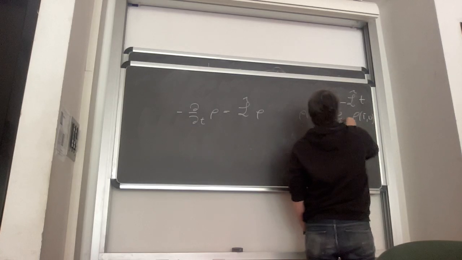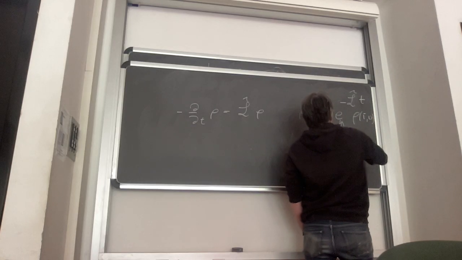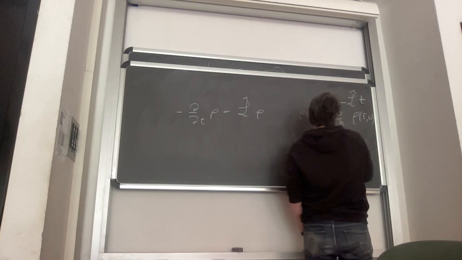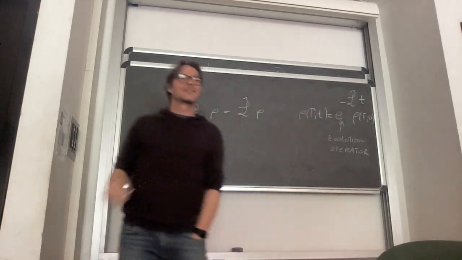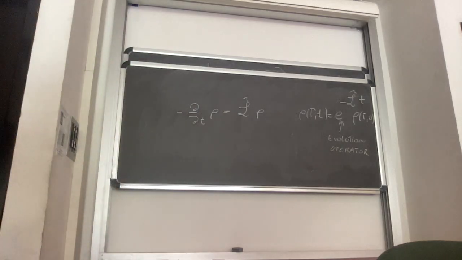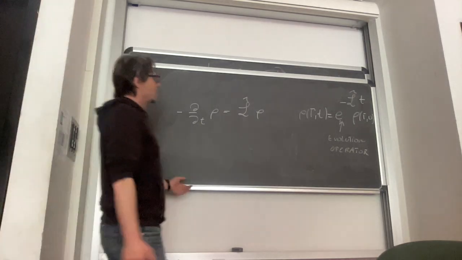This is the evolution operator. If it's working for quantum mechanics, why should it be working for Liouvillean dynamics? The math doesn't know about H1. Right? So this is a formal equation that says basically what I just depicted.